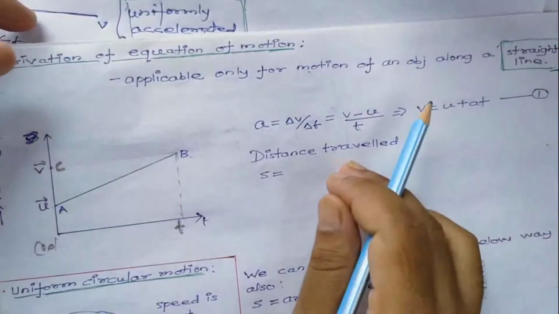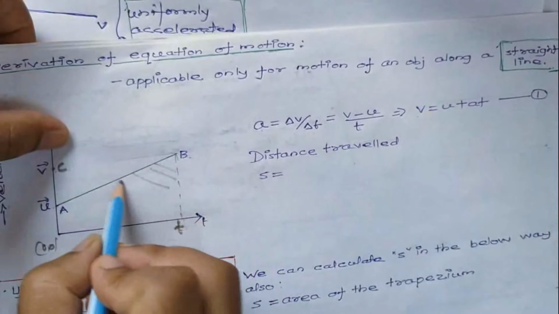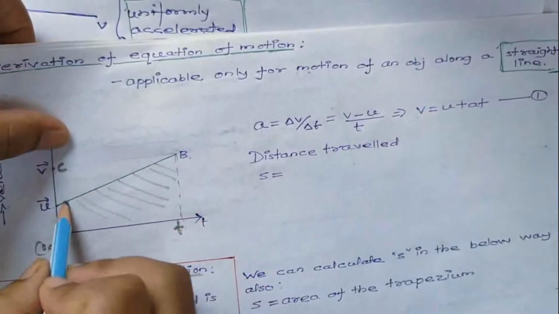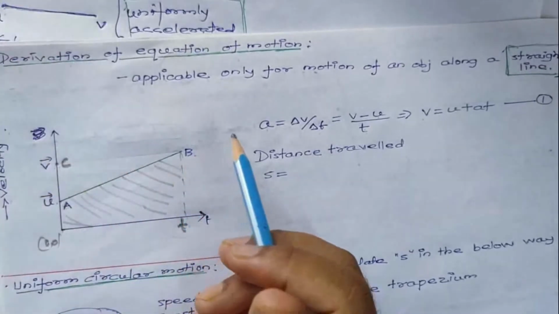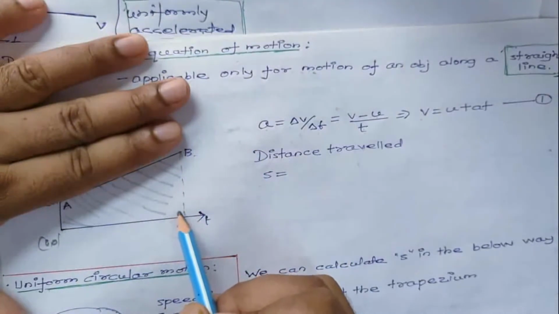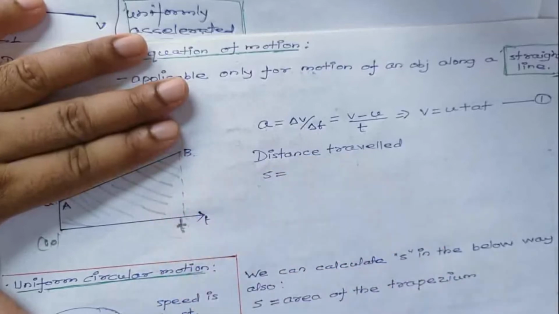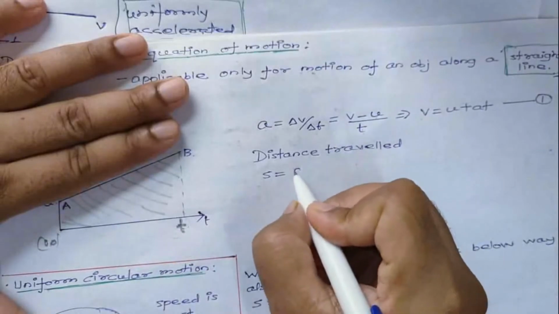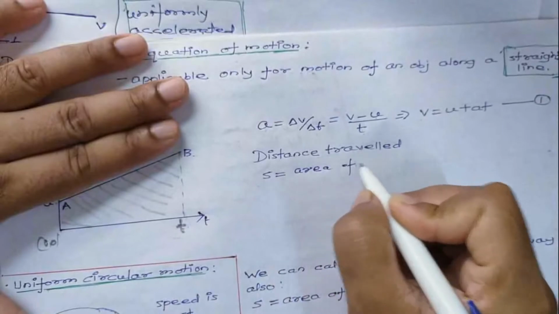So distance traveled will be the area of this region. Forget everything, let's take a look at this particular geometrical shape. It is a trapezium, very simple, and we know the area of a trapezium. So distance traveled will be the area of the trapezium.